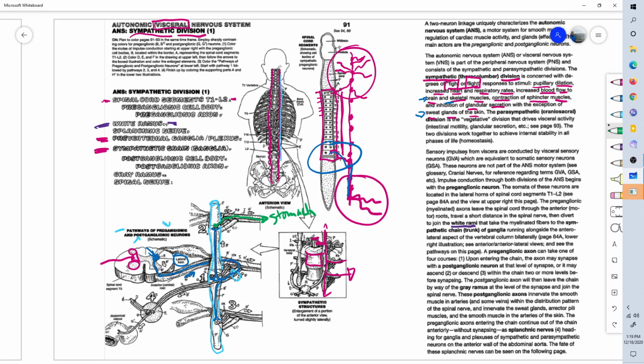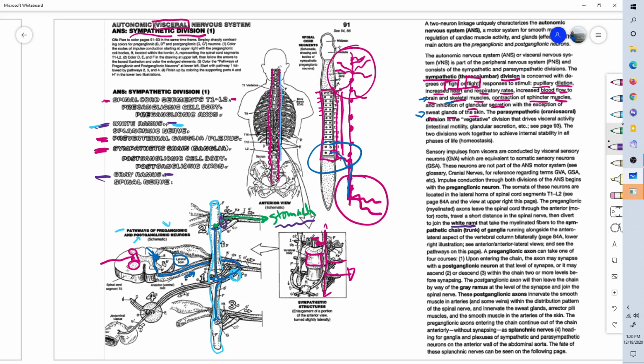Recall that on the way in from the spinal nerve, it entered the sympathetic chain through the white ramus. Well, it exits the sympathetic chain back to the spinal nerve through the gray ramus, right here, on its way to its destination.